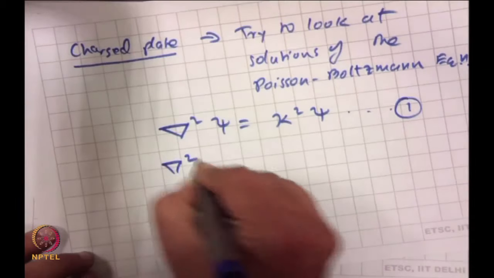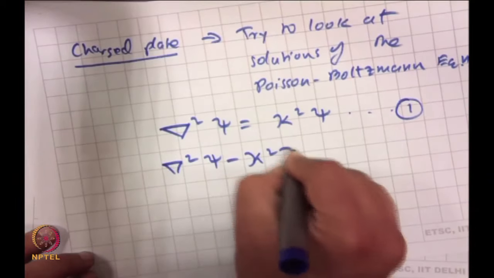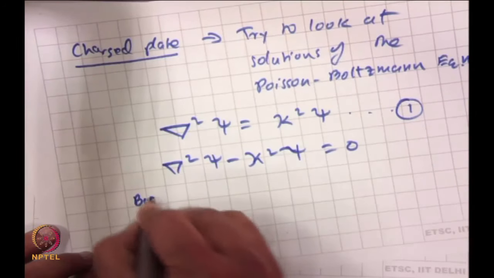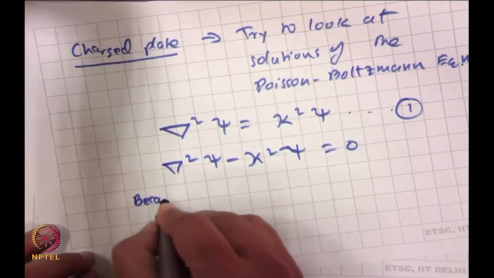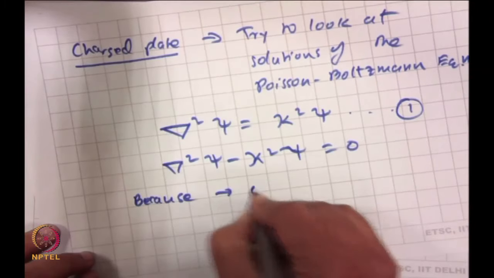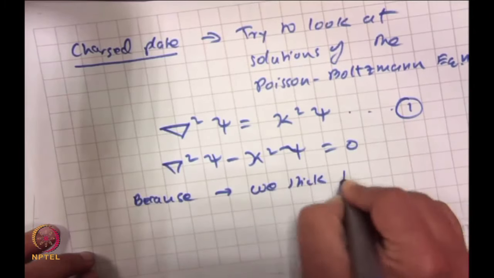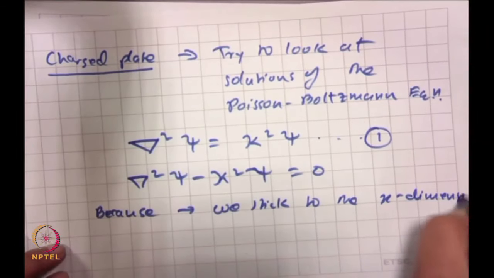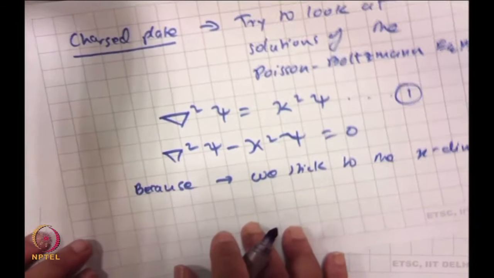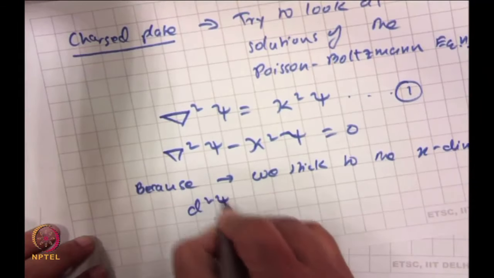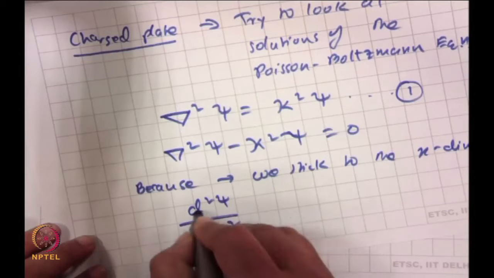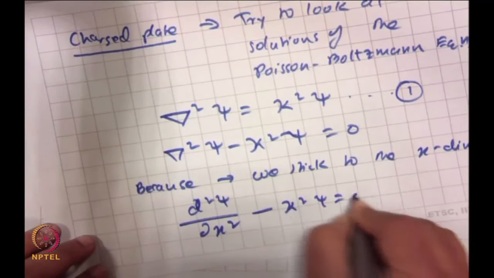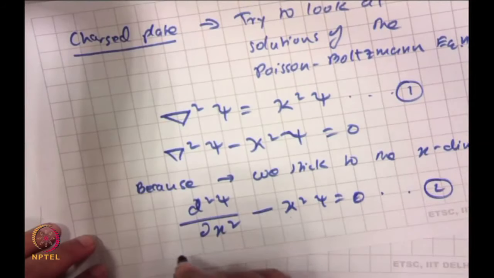I can write it as del square psi minus kappa square psi is equal to 0, and because we stick to the x dimension, that is essentially one dimension, I can write d square psi by dx square minus kappa square psi is equal to 0. This is the one we are actually solving.